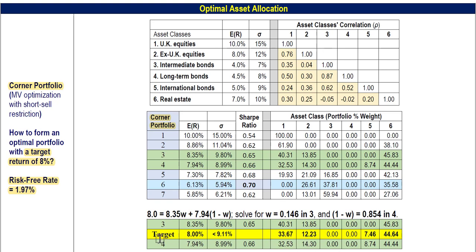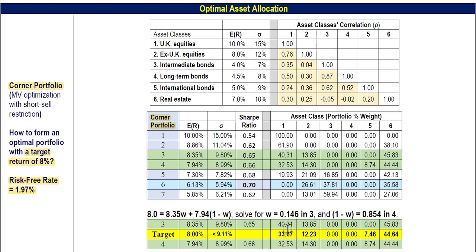Therefore, your target portfolio should be between them. Right now the weights are 14.6% and 85.4%. So the first one is between 3 and 4, right? I'm putting 14.6% of the 40.31% and 85.4% of the 32.53%.